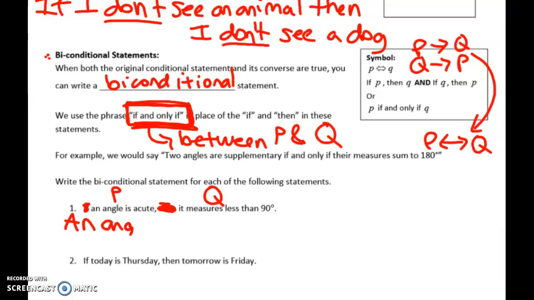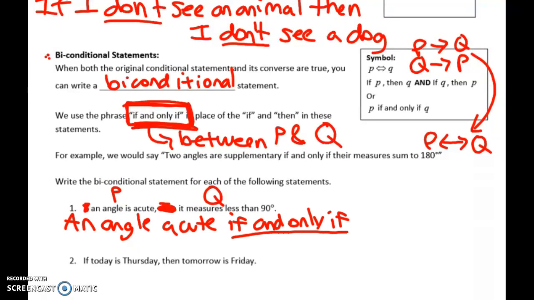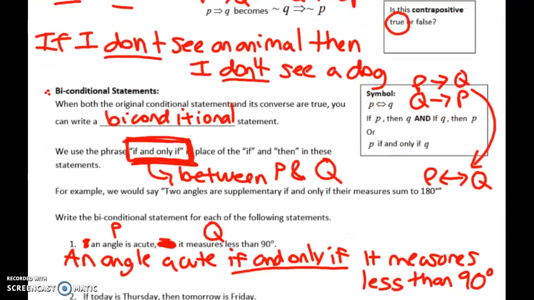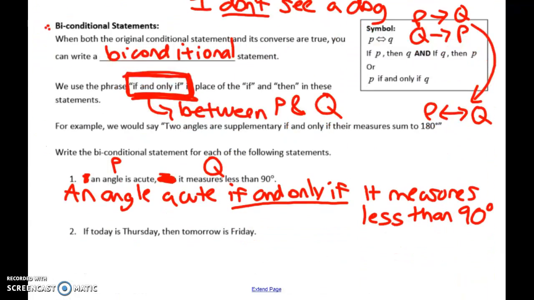An angle is acute, if and only if it measures less than 90. Now, isn't that true? If it's less than 90, it's acute. If it's acute, it's less than 90. Both directions, it works. That's what makes it a biconditional statement.